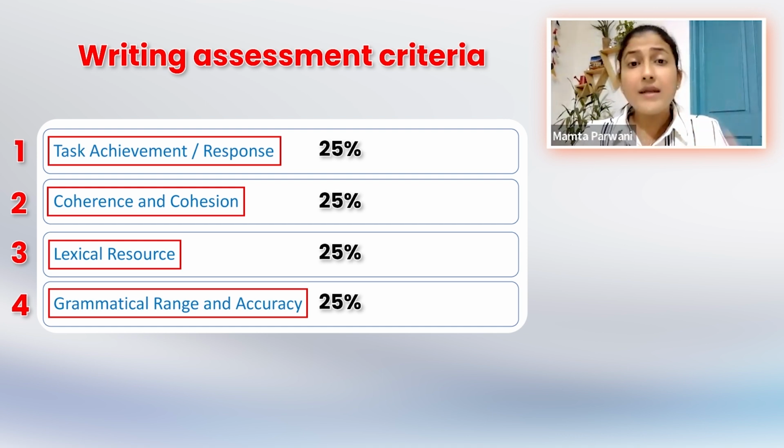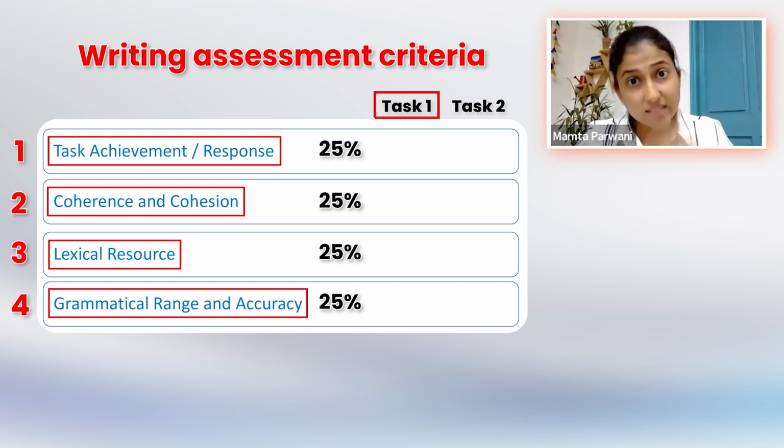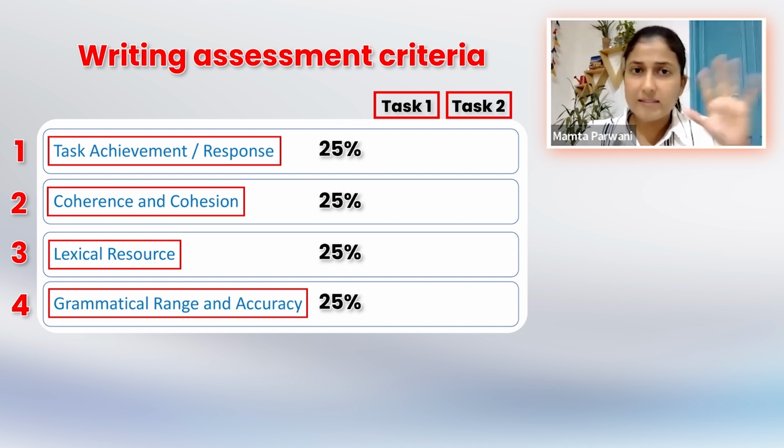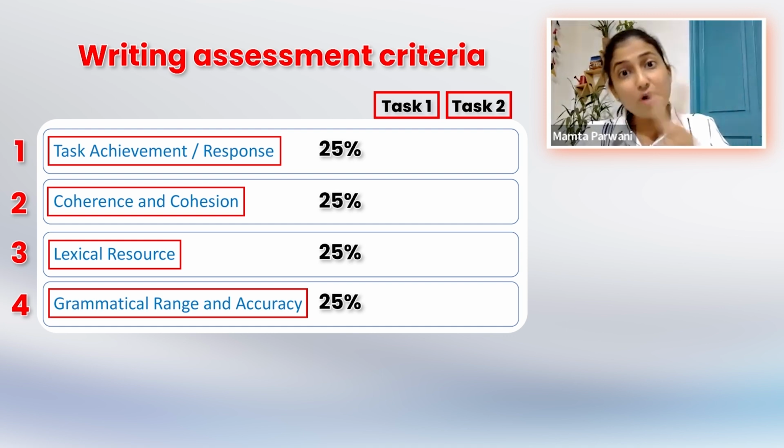Now, in writing, we have 2 tasks, task 1 and task 2, correct? So they judge your task 1 separately and task 2 separately. Now we know that each criterion has equal weightage, so they will judge you on each criterion on a band scale of 9, individually, for both tasks separately.